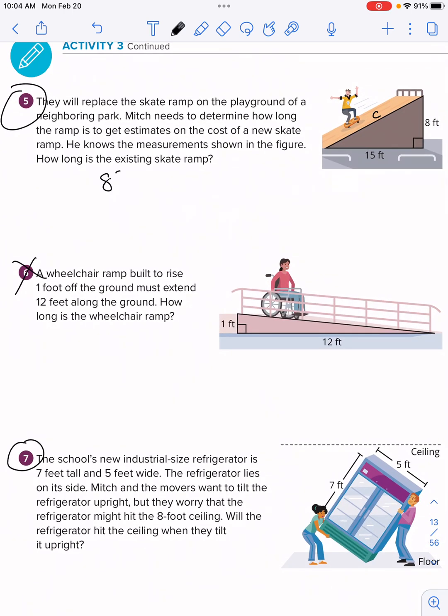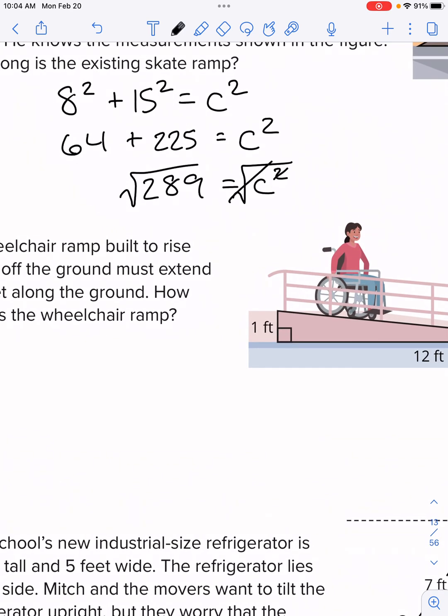All right, so this is going to be 8 squared plus 15 squared equal to C squared. We're going to have 64 plus 15 times 15 is 225. And if we add these two values, it should be equal to 289, equal to C squared. Square undoes square roots.